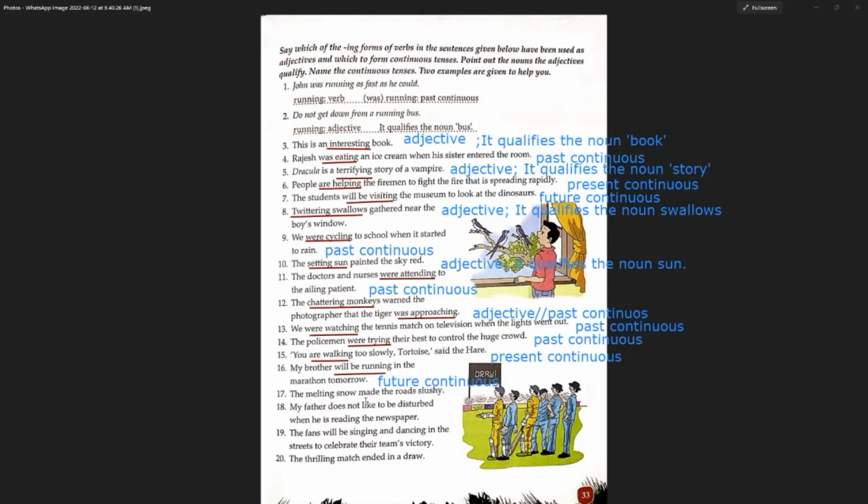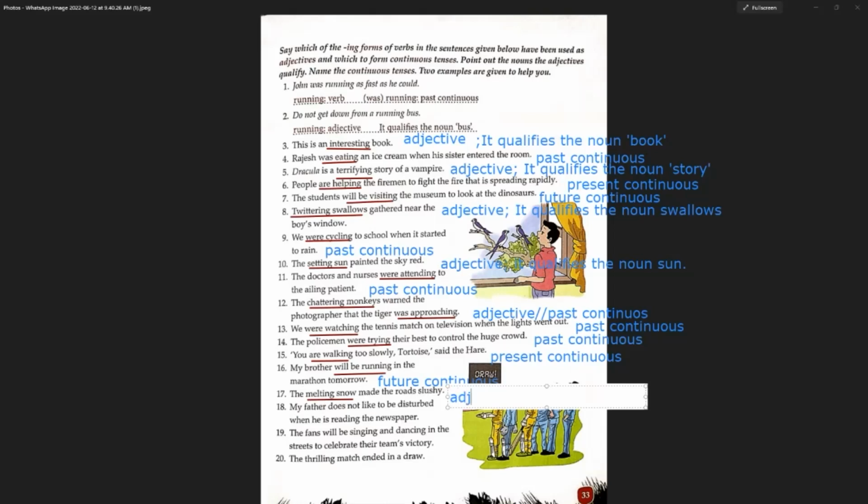The melting snow made the road slushy. Okay. Melting snow is the ing form. And what is there? Yes. Melting snow, slippery. Okay? Adjective. It is an adjective. It qualifies the noun.